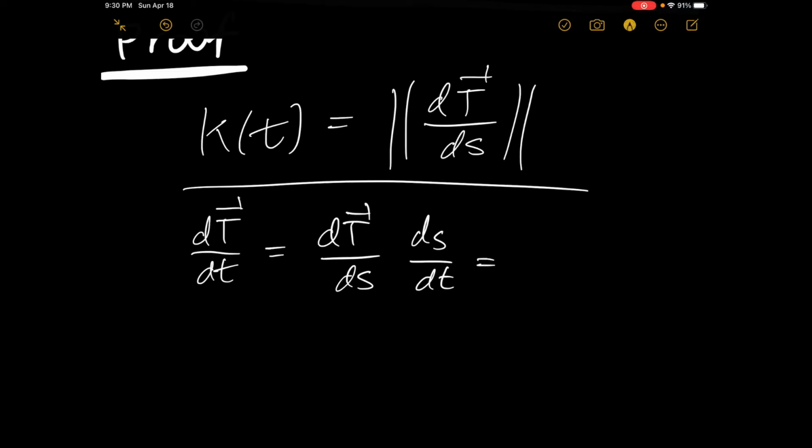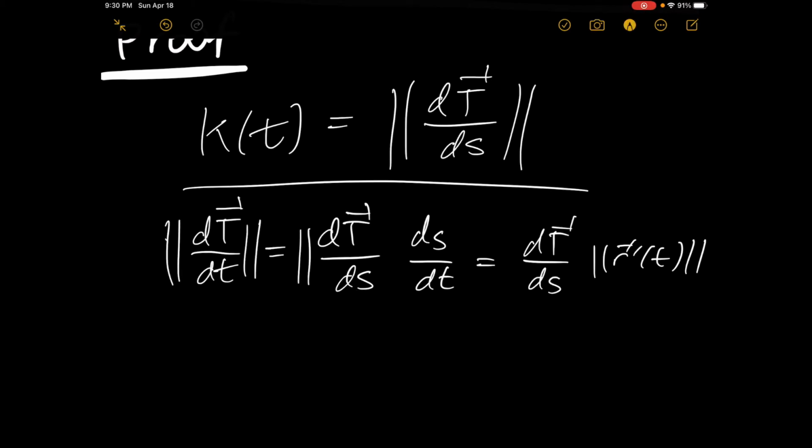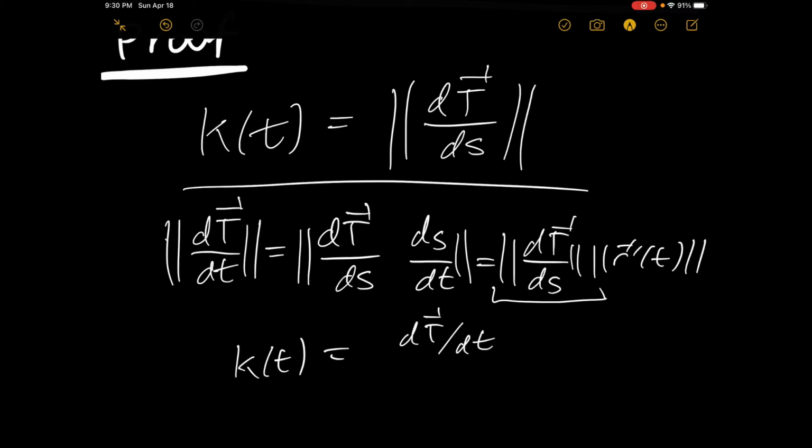So this is the same thing as dT over ds times the speed. Of course, we take the magnitude on both sides. And by definition, the magnitude of dT over ds is kappa, the curvature. Hence, curvature is essentially the magnitude of the time derivative of the unit tangent vector divided by the speed.